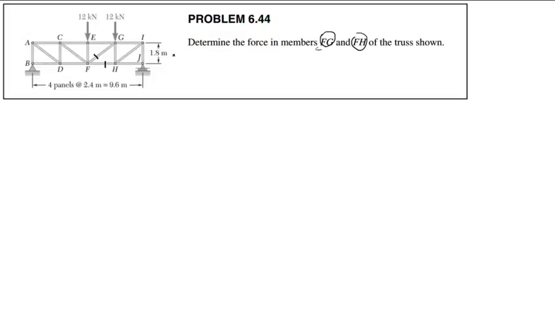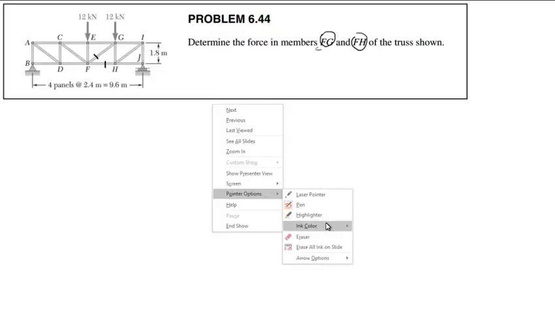But what if I did the following? What if I said, I really don't care about the entire truss. This problem is only asking about members FG and FH, so nothing else in the universe matters.